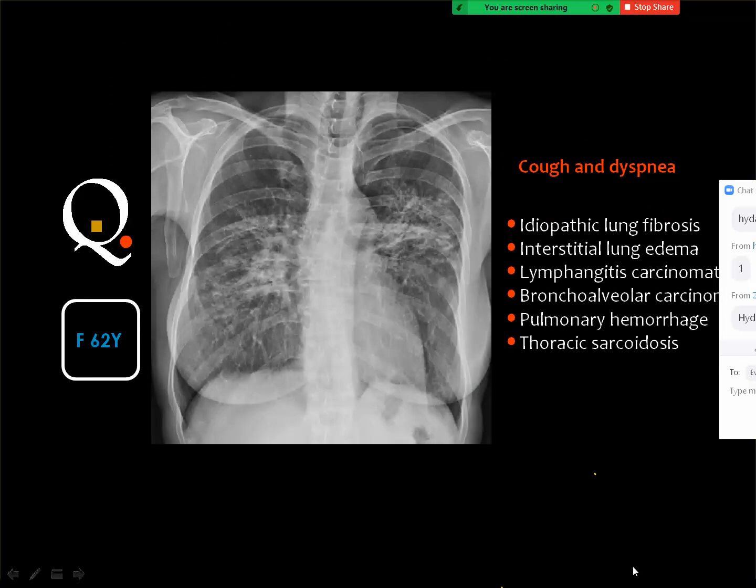Then this patient is a female patient, 62 years old with cough and dyspnea. And these are the possibilities.